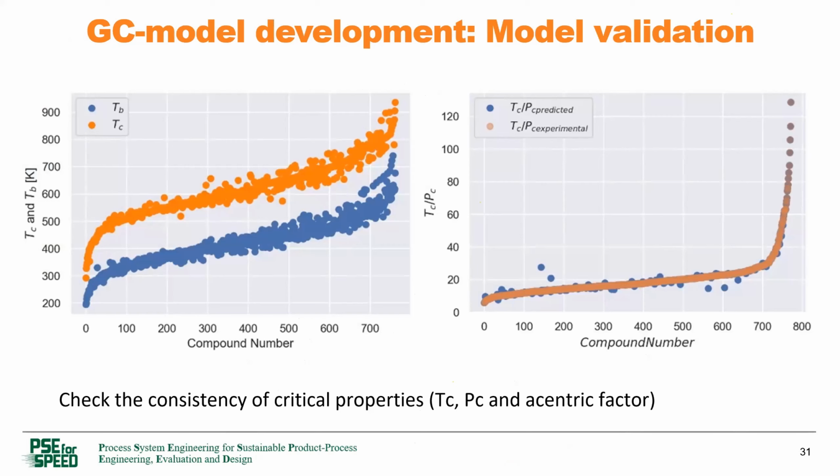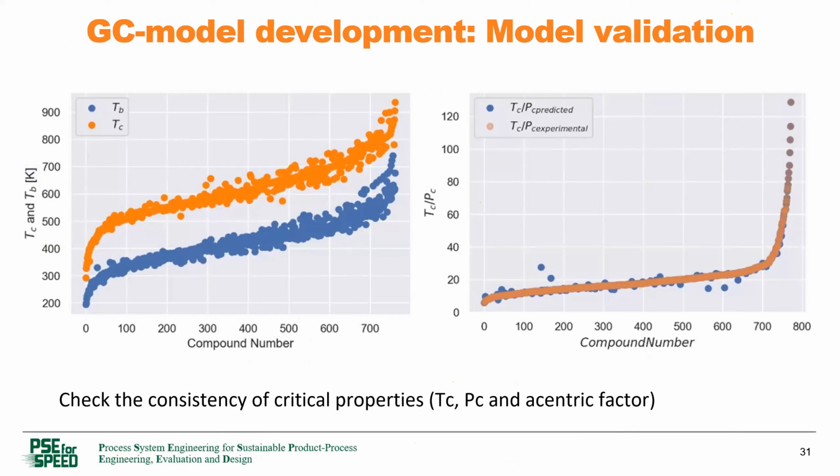And here we need theory, because we know that according to theory, the critical temperature is always larger than the boiling point. If for any molecule, the boiling point is larger than critical temperature, then obviously that is not a good model, that's an error.